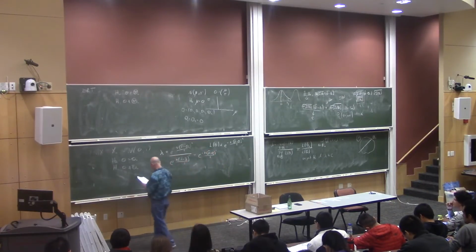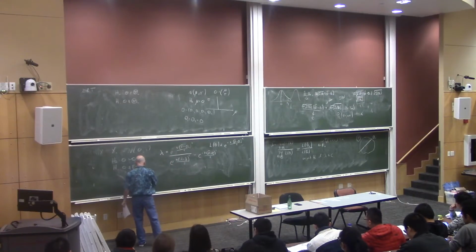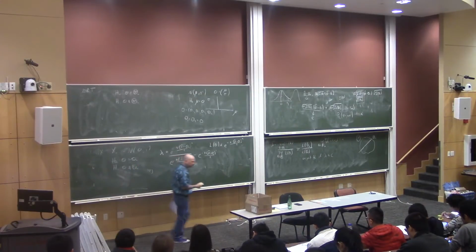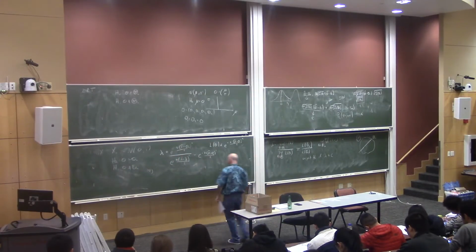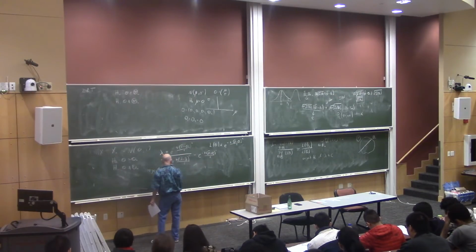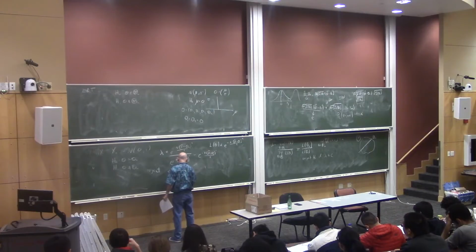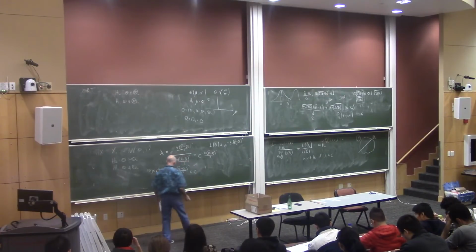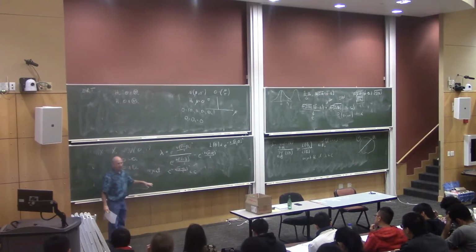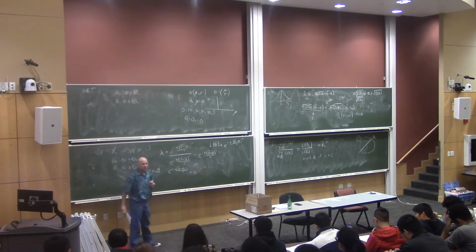So the test says I should reject if this is less than some constant, and all we know about this constant is we're going to choose it to make sure we have type 1 error alpha. But we are at liberty to rearrange this thing and just redefine the constant.